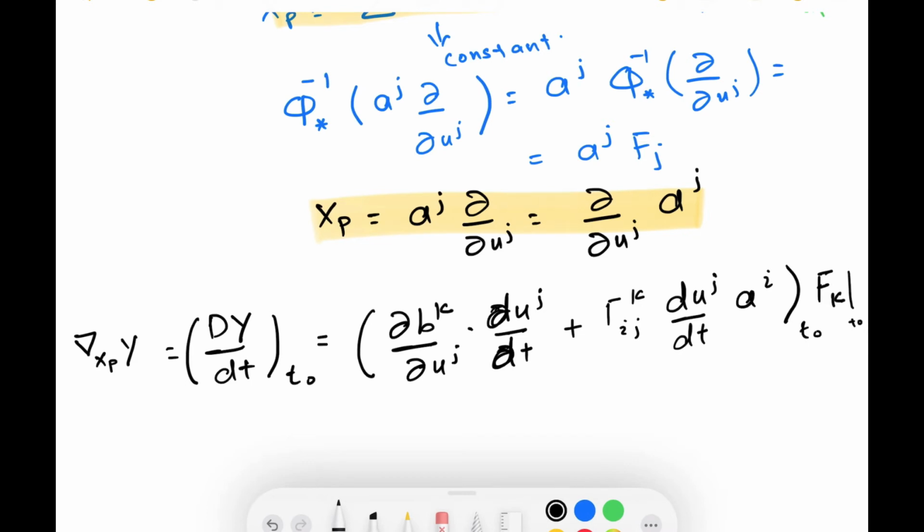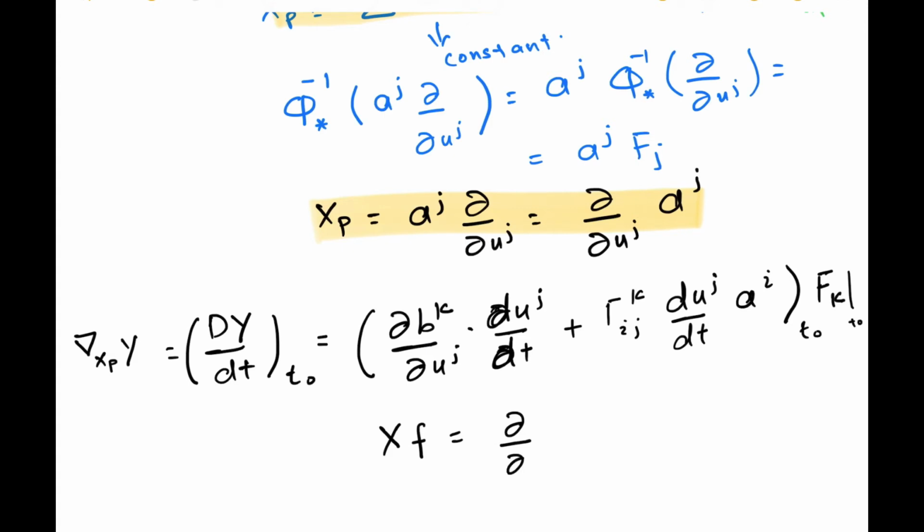If I have some vector field x acting on some function f, this is actually the directional derivative, if you remember. So x is what, that will be some aj partial uj, and here will be f.